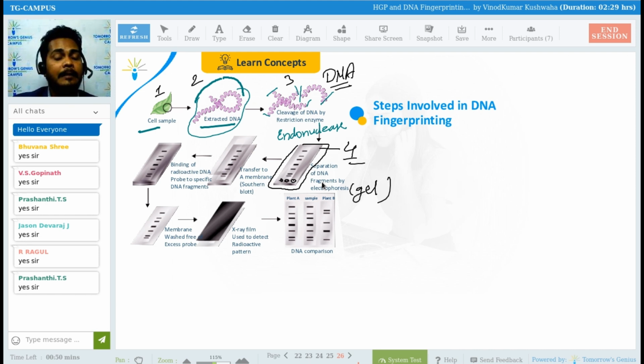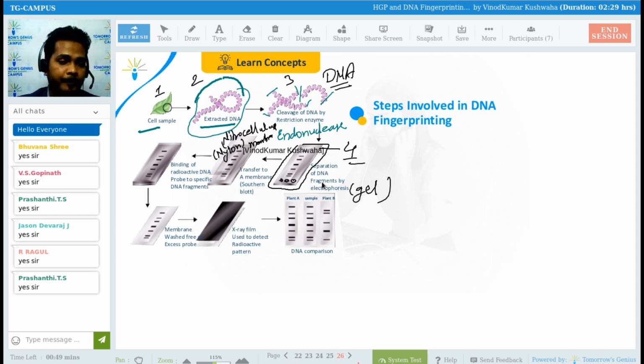Okay. Now after that, what is the next? Now this electrophoresis gel is going to be transferred onto another membrane, and that is called the nitrocellulose membrane. Let me write here. This is called the nitrocellulose membrane, or it is also called a nylon membrane.